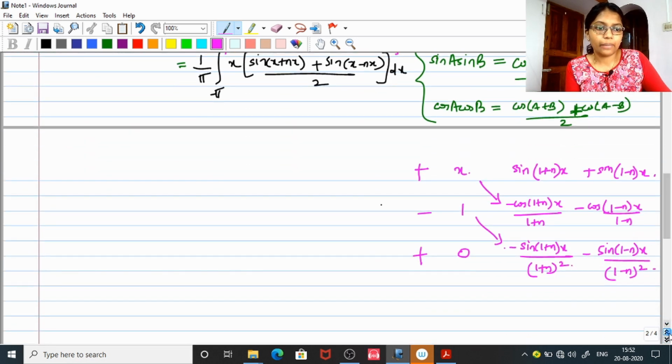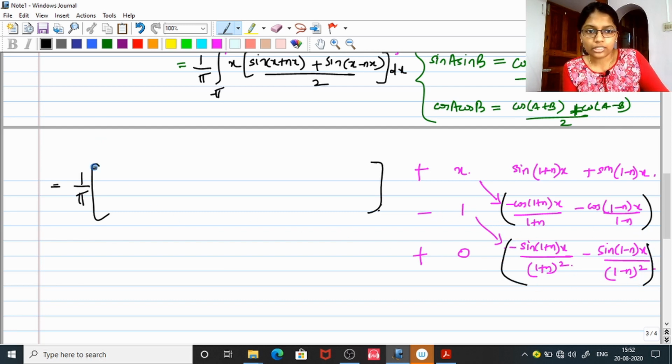After combining everything, it is like 1 by pi. How to write this? x into this complete quantity minus 1 into this complete quantity.